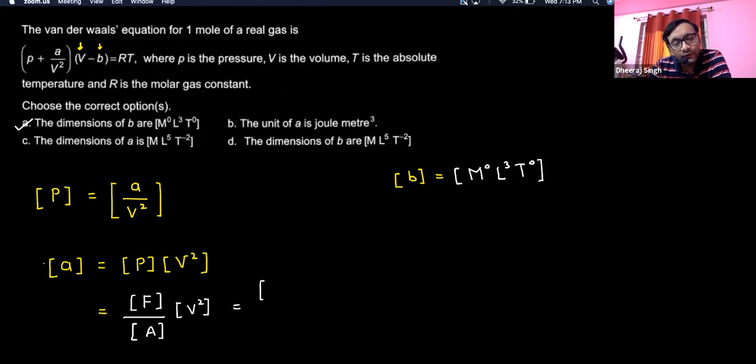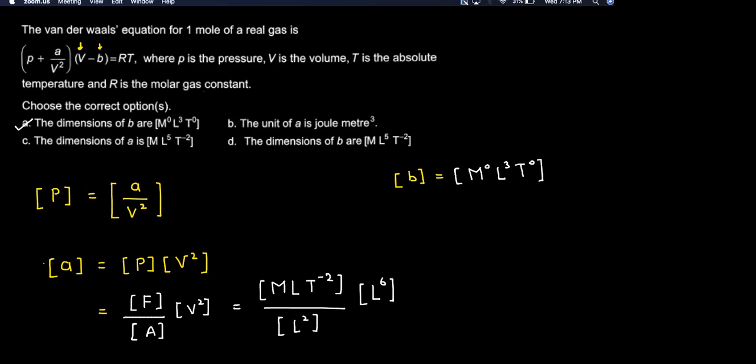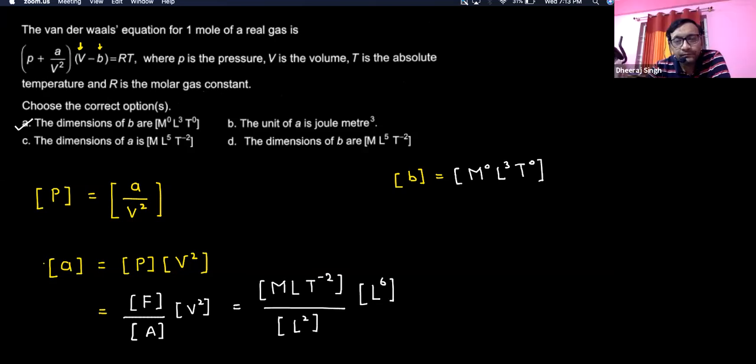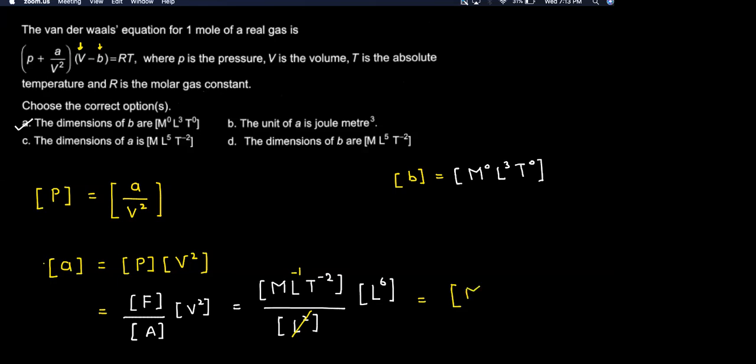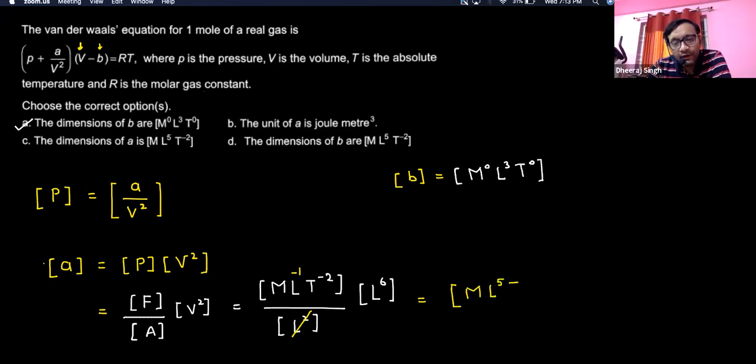Dimension of force is mass into acceleration, mLT^-2, divided by area L square, and V square is L to the power 6. So this will come out to be M L^5 T^-2. So this is A and C.